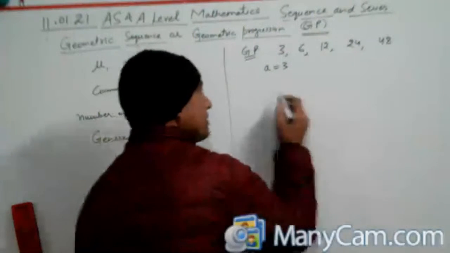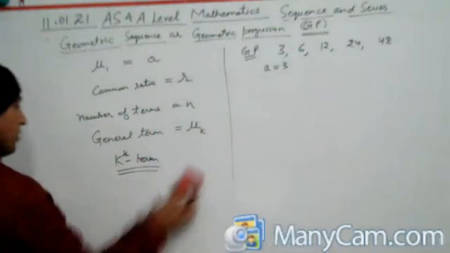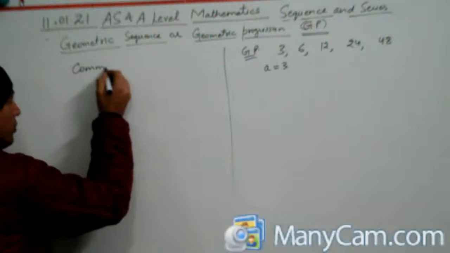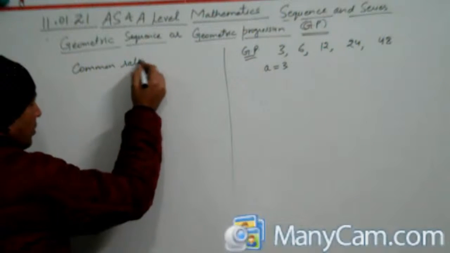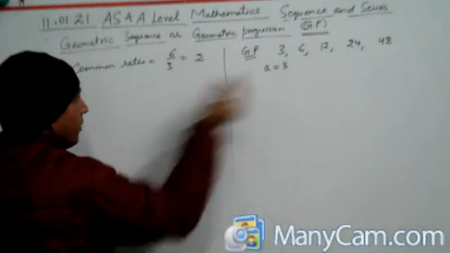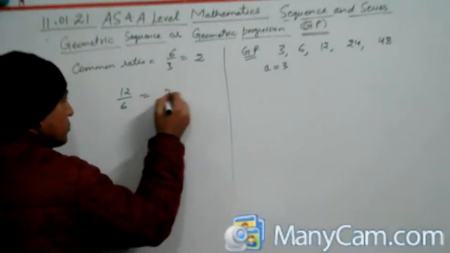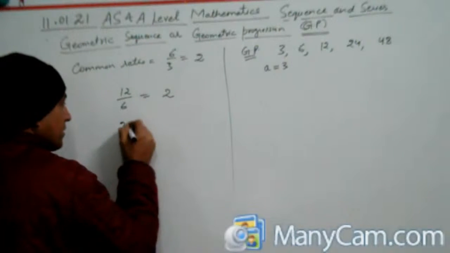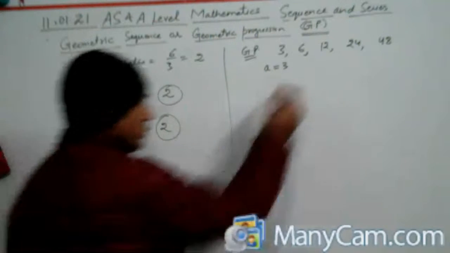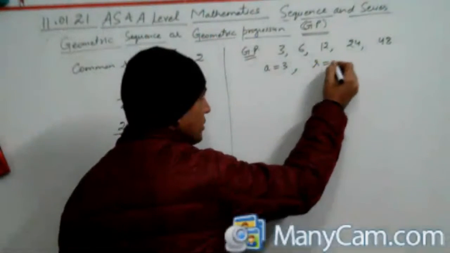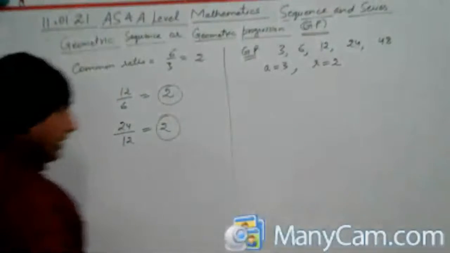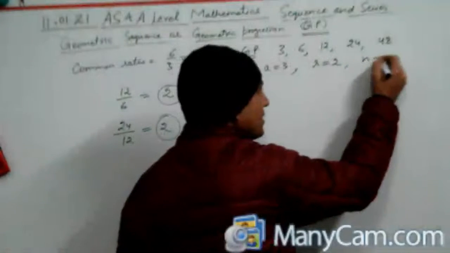To find the common ratio, either 6 upon 3, that is 2, or 12 upon 6, that is 2. For any two successive terms, the ratio is 2. So the common ratio is 2.